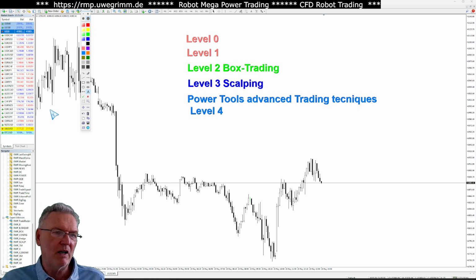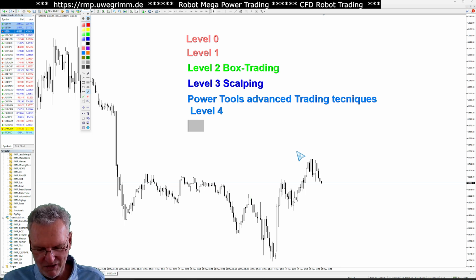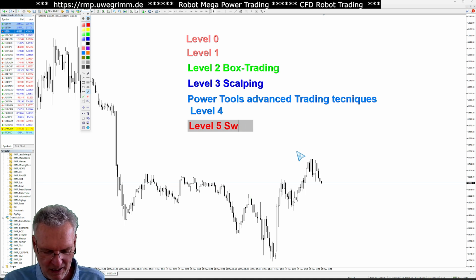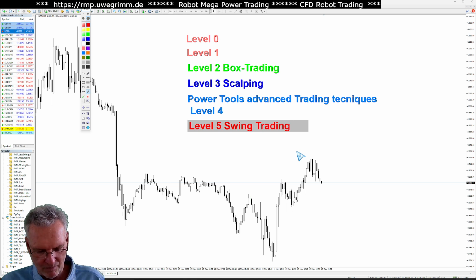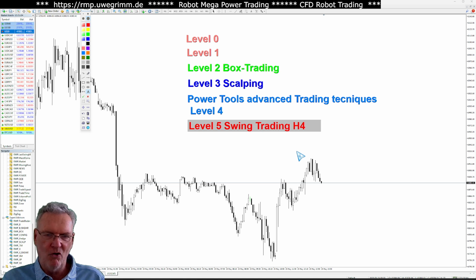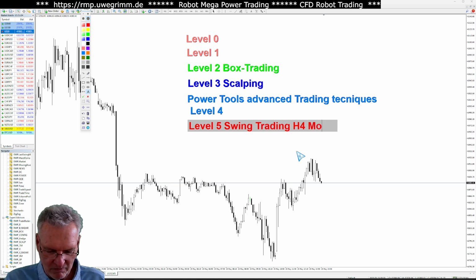And then what is level 5? Oh my God. Level 5 is not a big thing, but at level 5 you are already trading advanced, the short time trading techniques. Then we come into swing trading, and H4, 4 hours momentum trading.